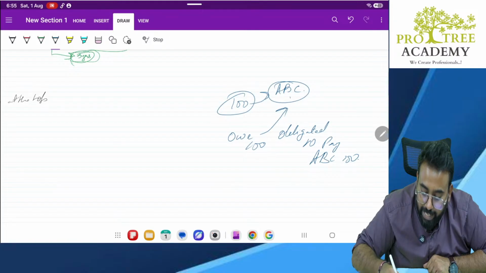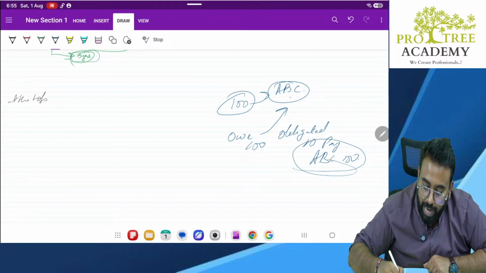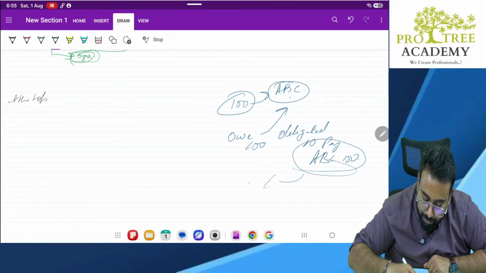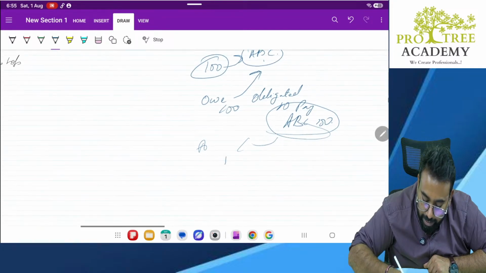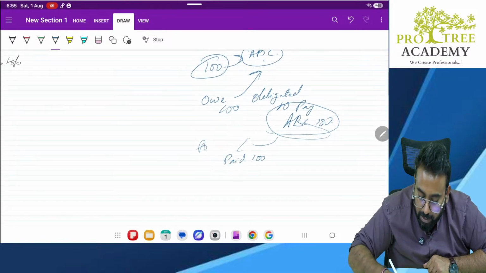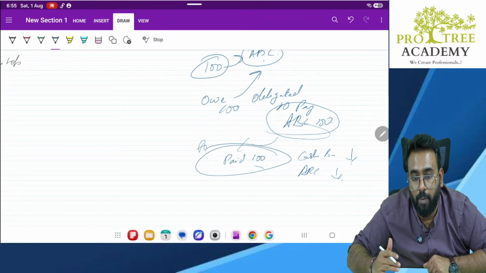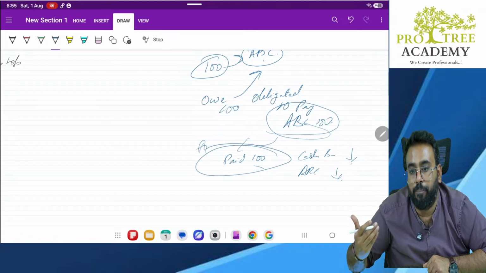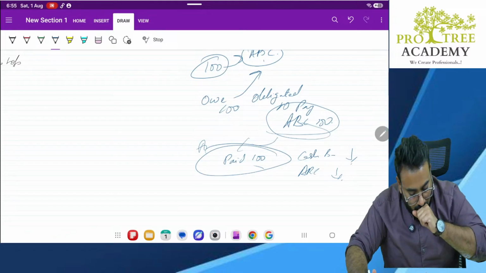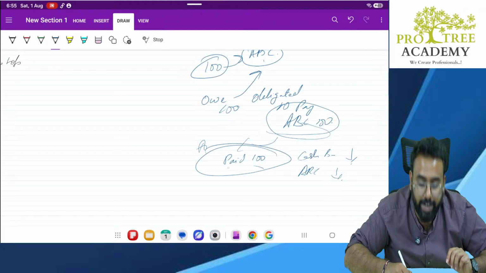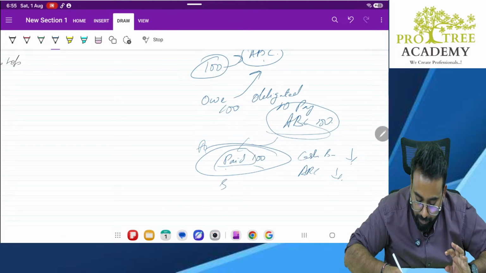The moment I decide to pay this and I make the payment, paid 100, what happens? My cash or bank balance will come down and my ABC balance will also come down. This event of paying is nothing but settled.